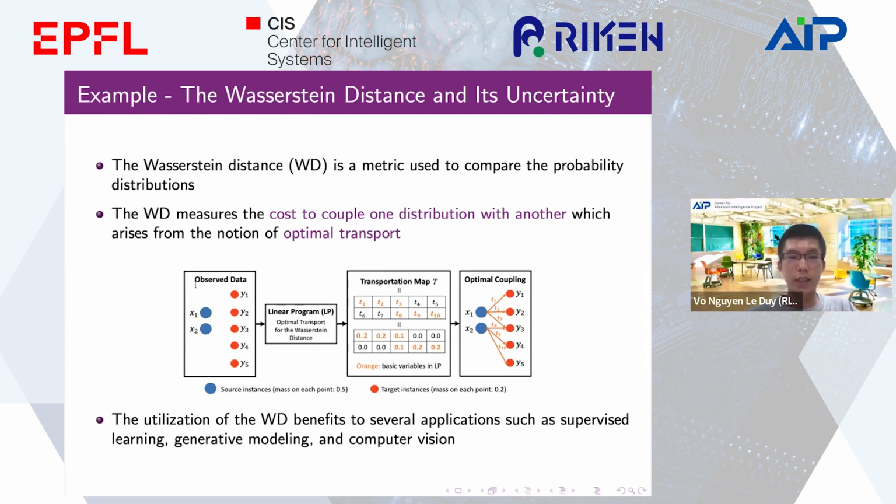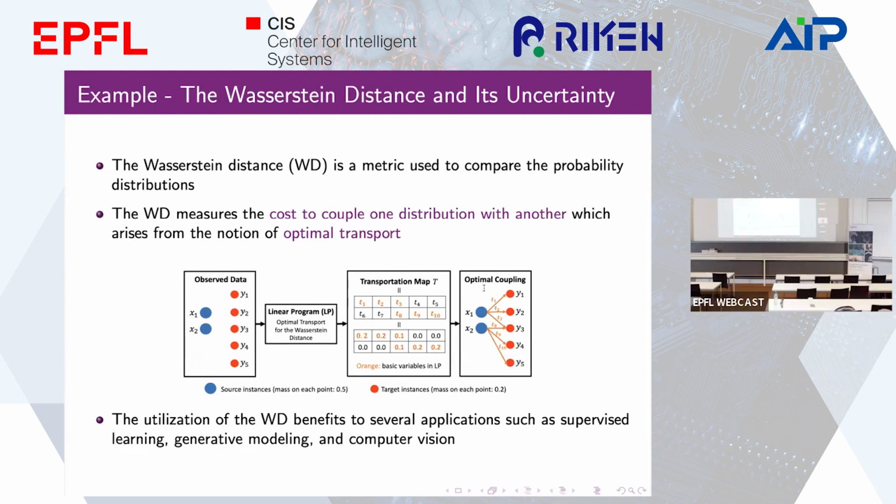So given the data, the source instance in blue and the target instance in red, our goal is to compute the Wasserstein distance between the source instance and the target instance. First, we input the data to a linear program, and then we obtain the transportation map.